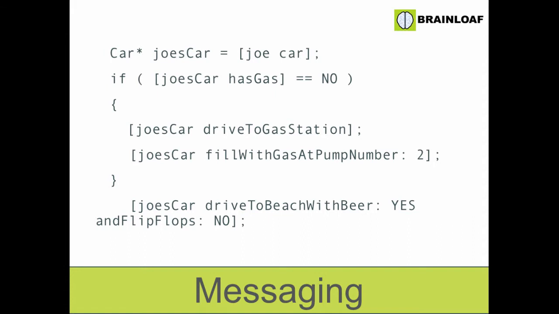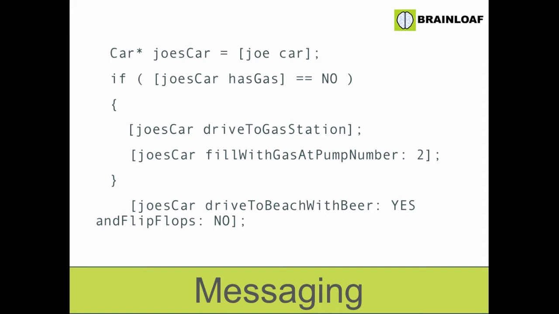So here's just a quick code sample of how using our example car class might go. I define a car pointer, and I ask the object Joe, Joe represents a person in this case, for its car instance. So that gives it back to car. And we ask Joe's car, we send it a message, we say, has gas.